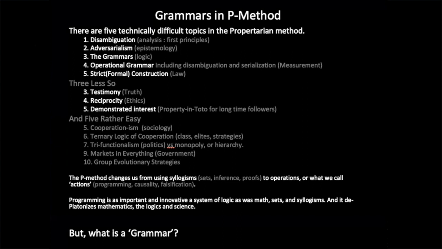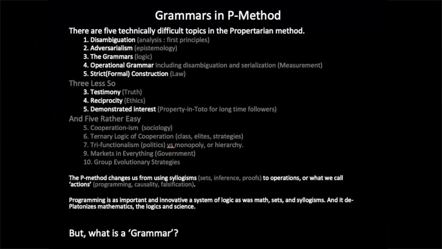So the P method changes us from using syllogisms, sets, inferences, and proofs to operations, or what we call actions. And I want to remind people that programming is a new logic, and that it probably will continue to be as important as understanding logic and mathematics.